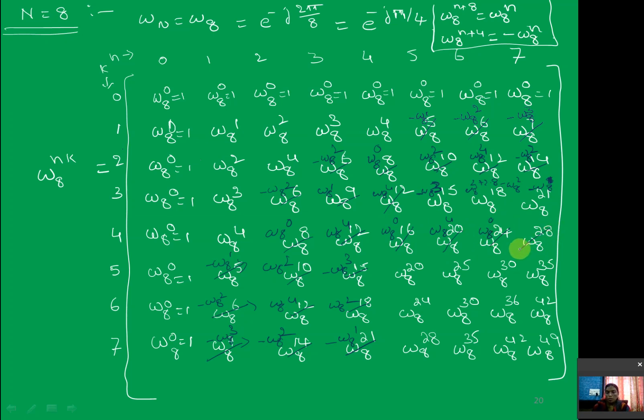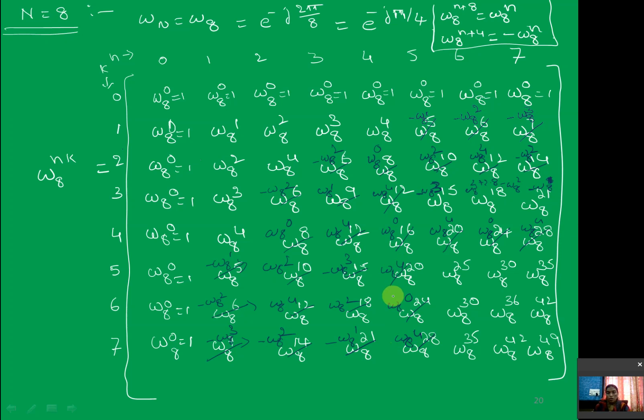This one, 3 8s are 24 plus 4, that means W8 power 4. So now finish this: W8 power 4, W8 power 0, W8 power 4.